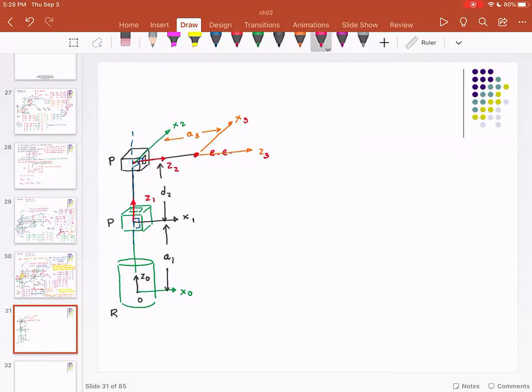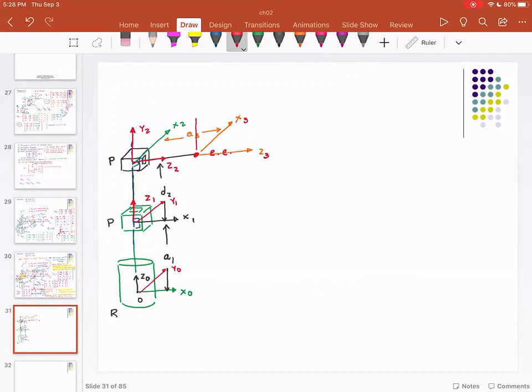I'm going to start with setting up the coordinate system. X, Z, Y will be something like this. Z2, X2, Y2 will be like this.